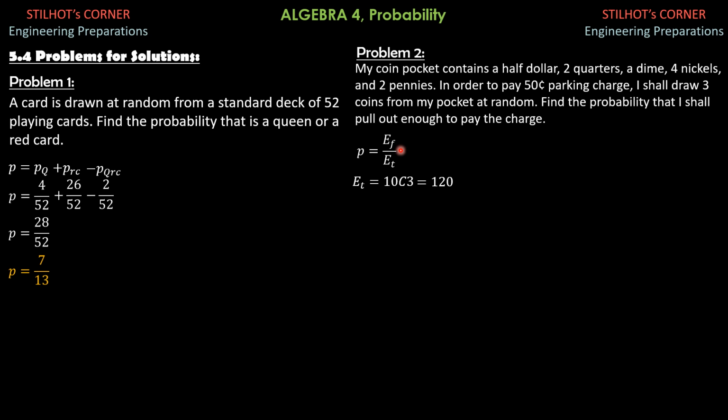We're going to analyze. So the idea is that the value of the 3 coins should be at least 50 cents. There's only one half dollar, and that's enough. The other 2 coins should be from the remaining 9 coins. So therefore, the total number of favorable outcomes has 2 situations.